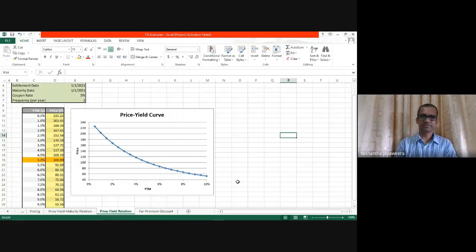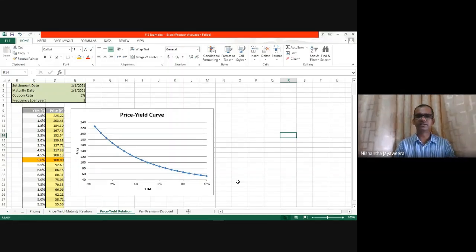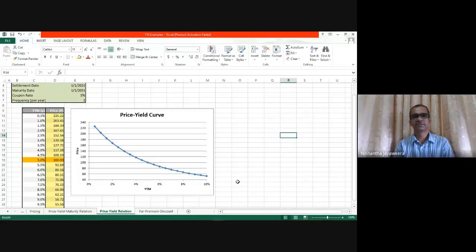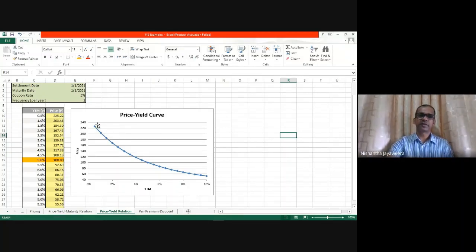And remember one more thing. In a moment we'll learn a term called yield curve. Don't get confused with that. This is not the yield curve. This is the price and yield relationship.